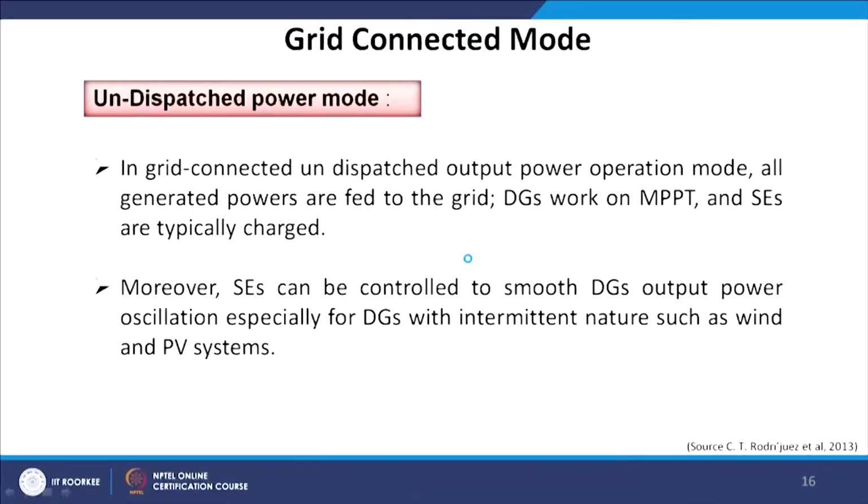But in case of a dispatched power mode, you keep on controlling your generators even within the AC/DC microgrid, so that the standards of the voltage regulation of the main grid can be obtained, and sometime if you like to vary your loads within the AC/DC microgrid, that is also possible. Moreover, the storage elements can be controlled to smooth distributed generators output power oscillation, especially for distributed generations with intermittent nature such as wind and PV systems.